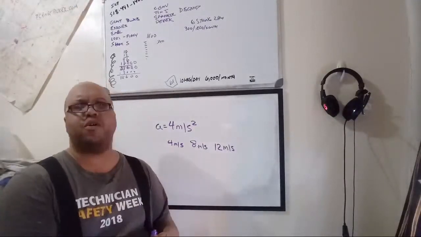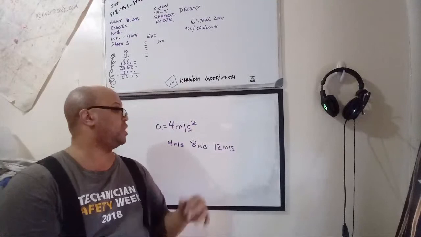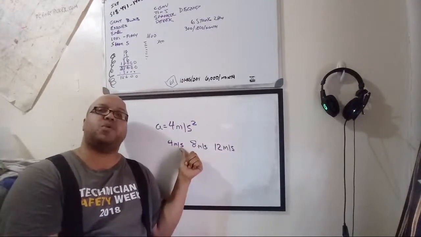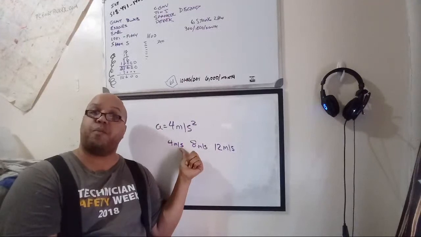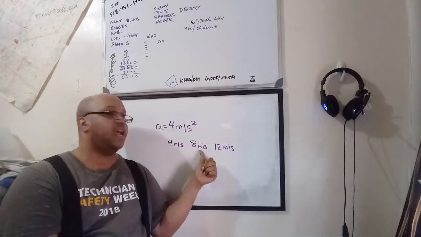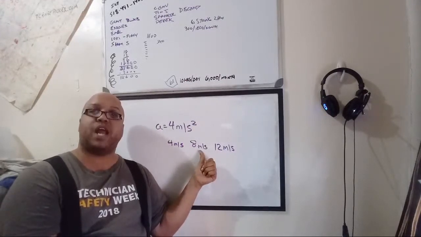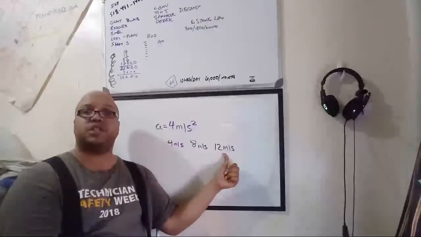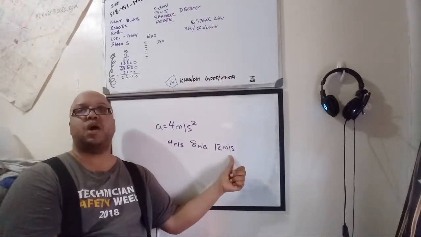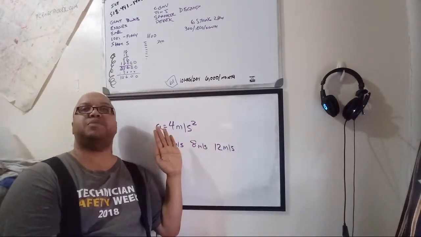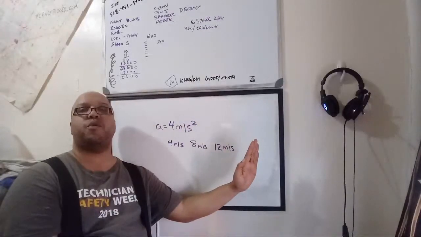Boom, 24 meters. It is 24 meters because we have to look at the label. In the first second we cover 4 meters, in the second 8 meters, and in the third second 12 meters. So 4 plus 8 plus 12 is 24. This object has moved a distance of 24 meters.